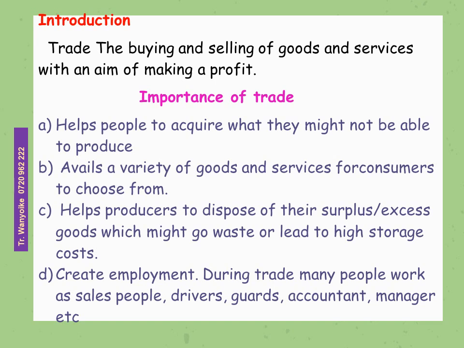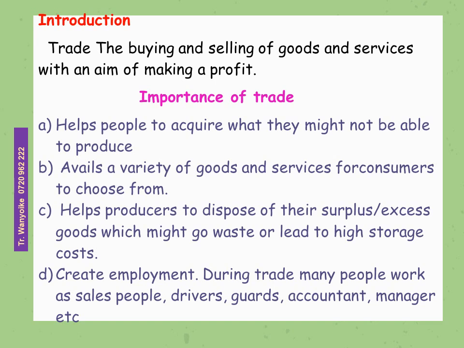C. Trade helps producers to dispose of their surplus or excess goods which might go to waste or lead to high storage costs. Say, for instance, a maize farmer doing large-scale maize farming may not be able to store all that maize for his family use. So he has to sell off the extras or the surplus production.